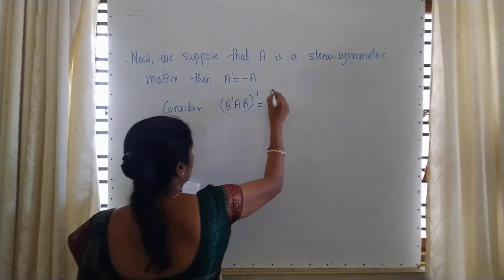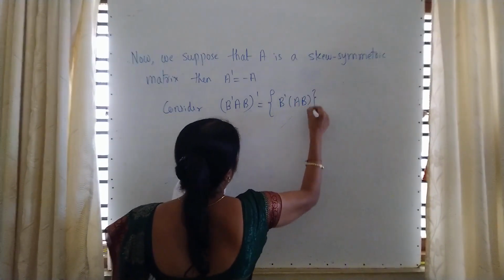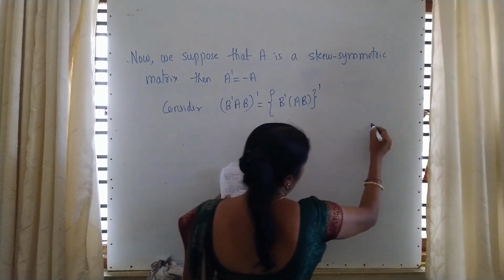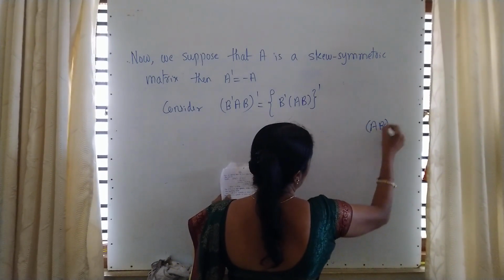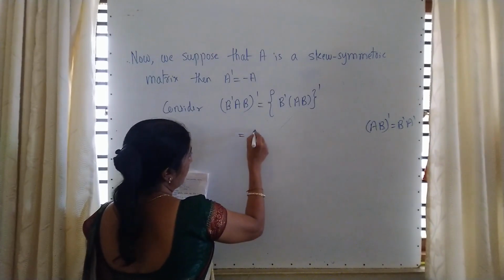This I am writing like this. And here which property are we applying? We are applying the property AB whole transpose is B transpose into A transpose.